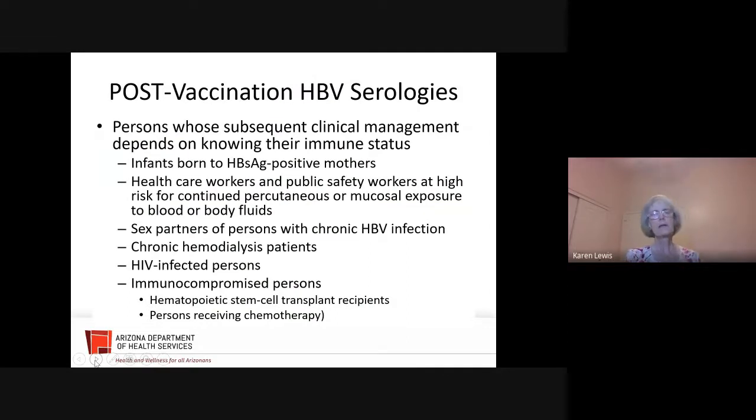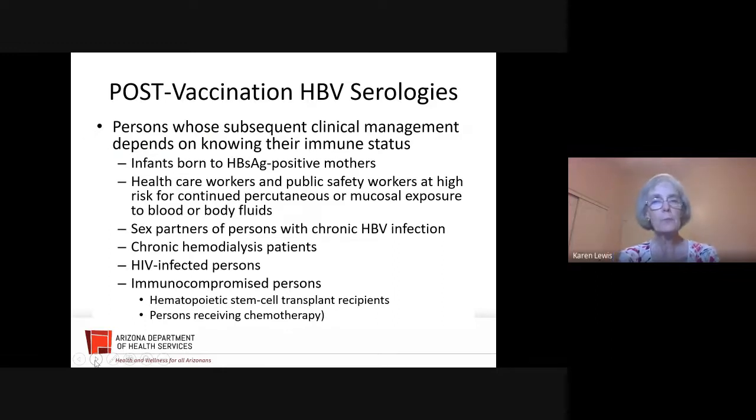Okay, so there's a big long list of people who need post-vaccination hepatitis B serologies. Most people do not. And with time, most people's serology fades, but epidemiologically, people have been protected for 20 to 30 years, even though their serology turns negative.